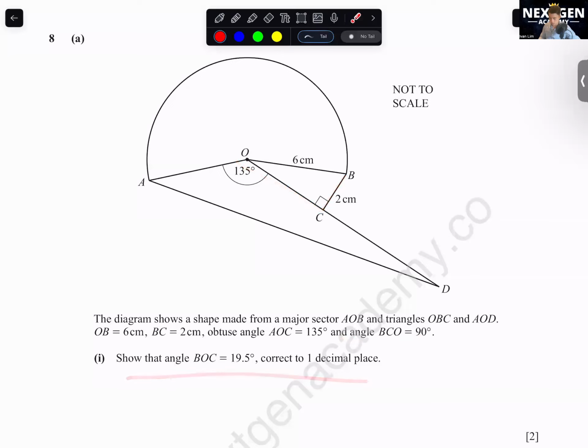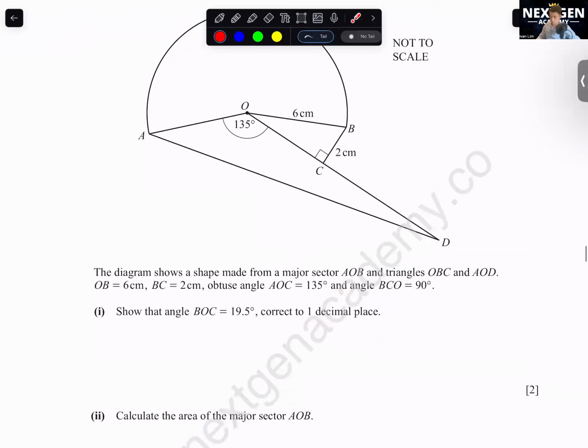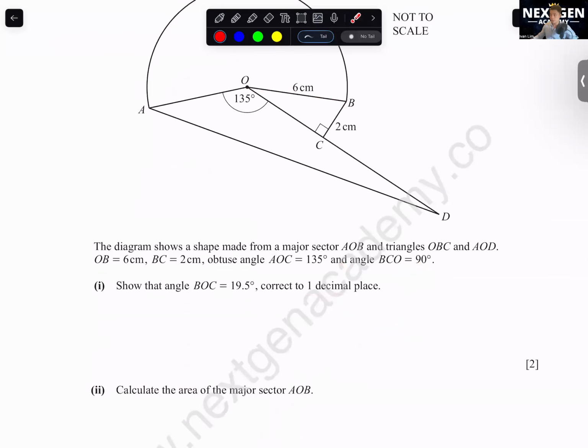Show the angle BOC is equal to 19.5 correct to 1 dp. What property are we going to use? We can use the right angle triangle BOC. This one is 6. This is 2. Angle BOC.